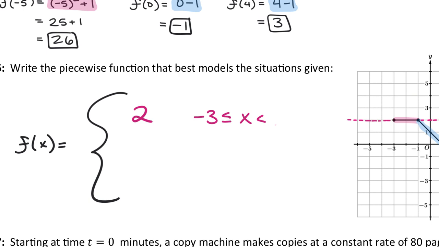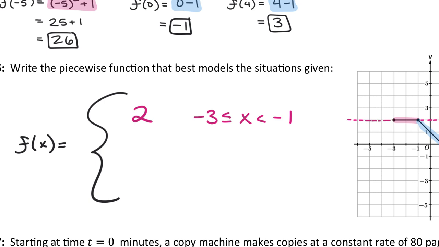Now you might have noticed something. What do you notice that I put on the first sign that I did not put on the second? The equal to. Now this is confusing because there's a closed dot there, yes? The problem is because I need this to be a function, I'm going to let the blue graph actually be in charge at that dot.